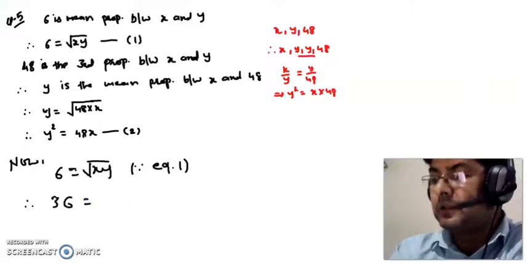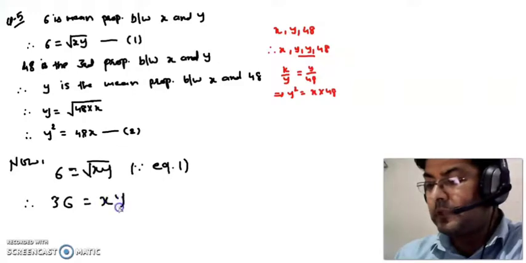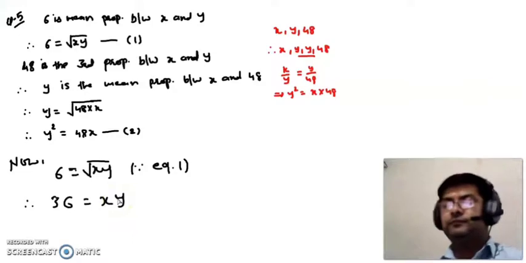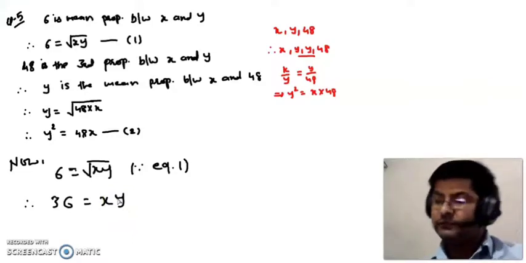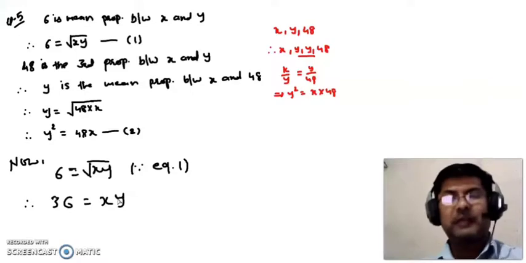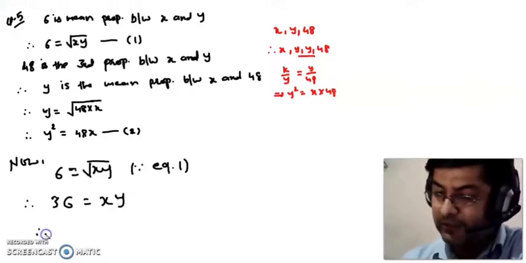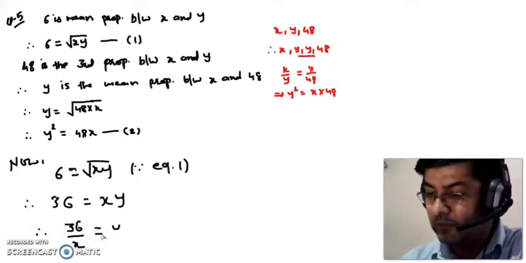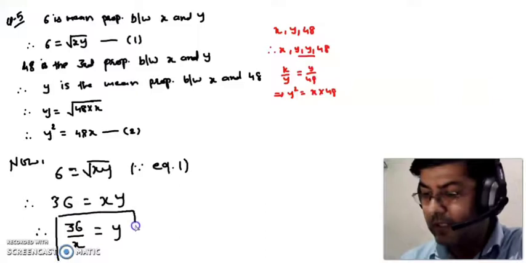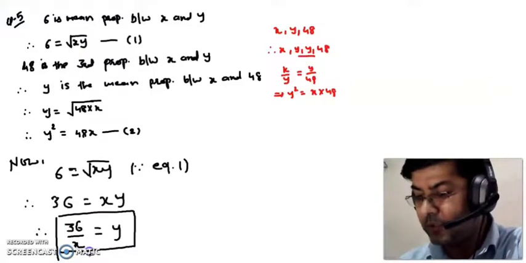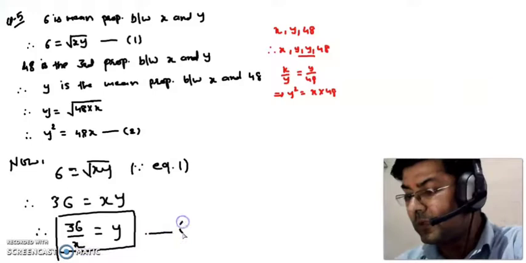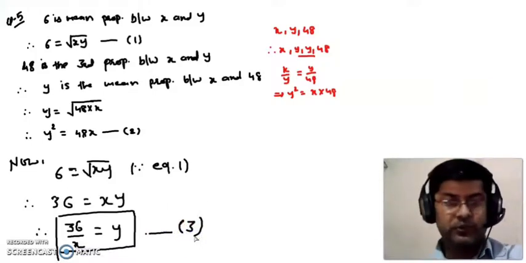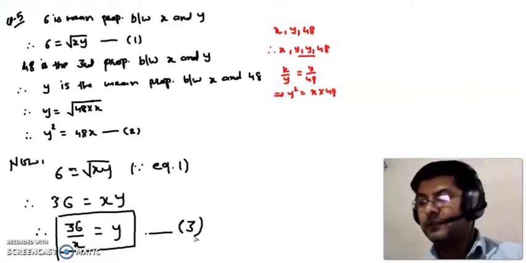Clear? 36 is equal to x multiplied by y. Now we can make either x or y the subject. So let me make y the subject, and therefore 36 upon x is equal to y. Now this value of y we can substitute in equation 2. Clear? So substituting the value of y in equation 2.